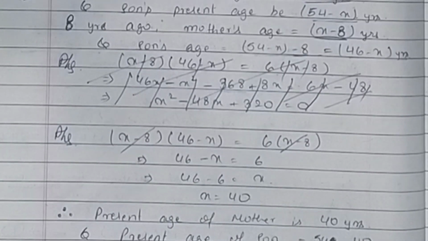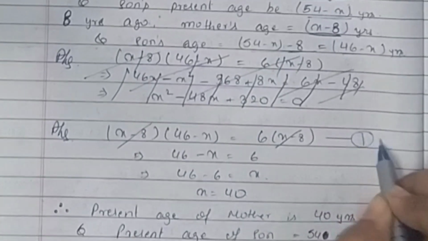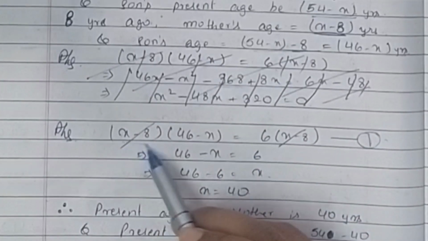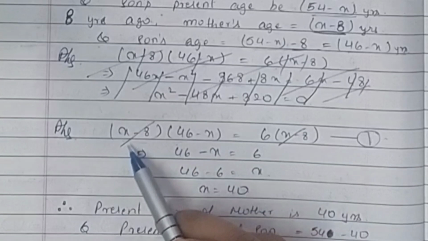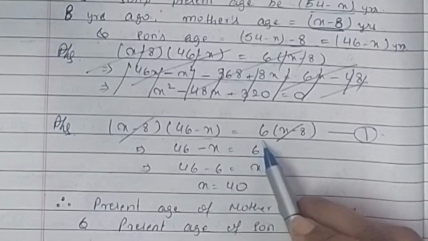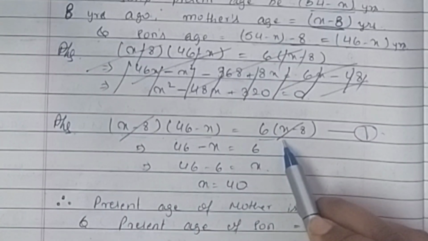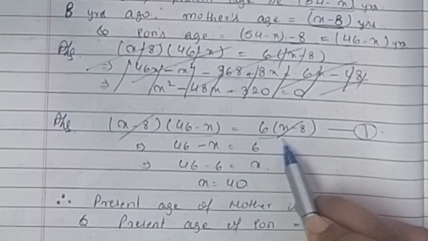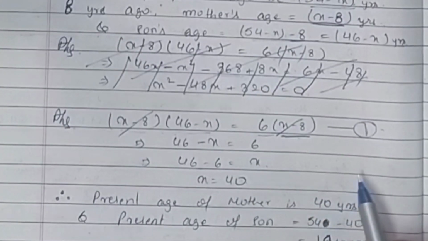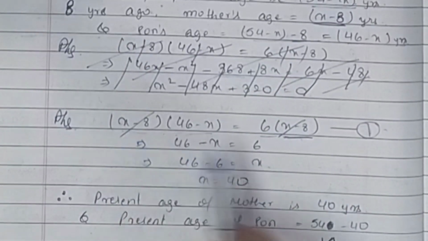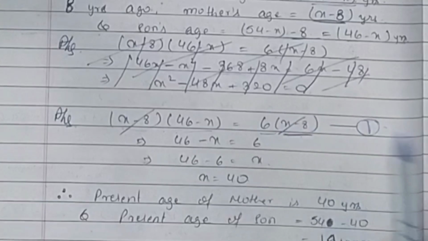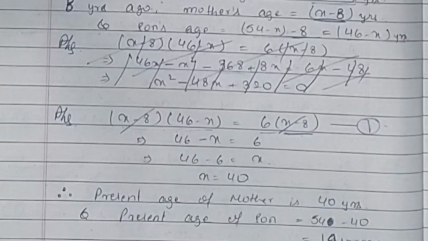So by following this statement, we have made this equation, which is the product of ages of mother and son 8 years ago, x minus 8 multiplied by 46 minus x, is equal to 6 times the age of mother 8 years ago, which is x minus 8. So 6 multiplied by x minus 8. Now here we can see x minus 8 is common on both sides, and we can cancel it out to make the equation simple.